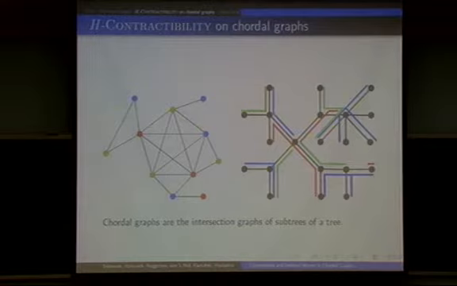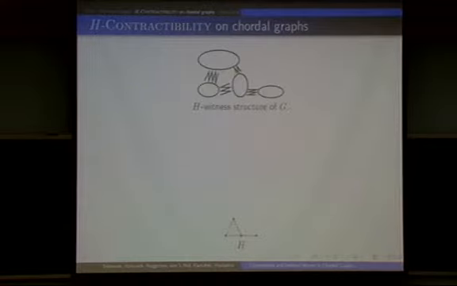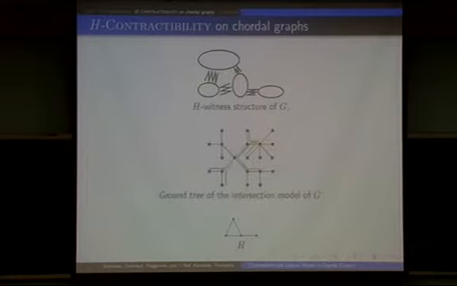And so now, as I said, what we would like to do is basically the same as for interval graphs. So we look at some H witness structure of some chordal graph G. So what does it look like? You have a bunch of subtrees of your tree.